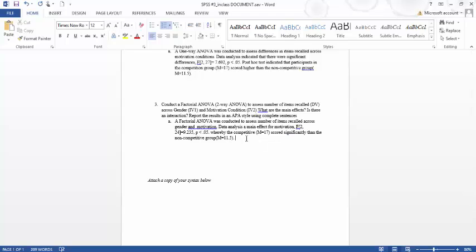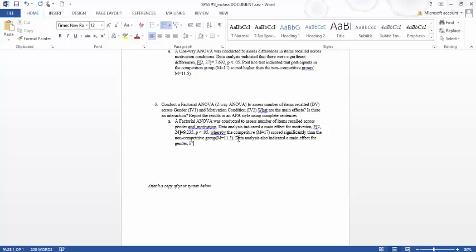Alright, we also had a main effect for gender. So we're going to say that the data analysis also indicated a main effect for gender.